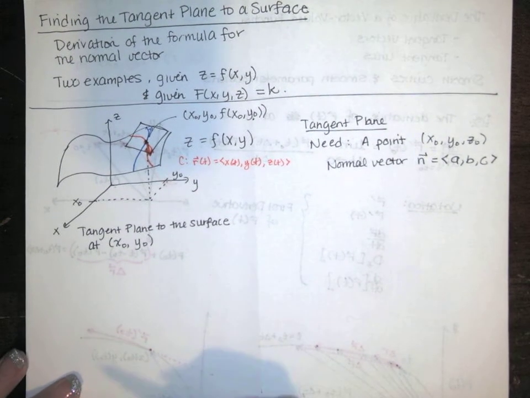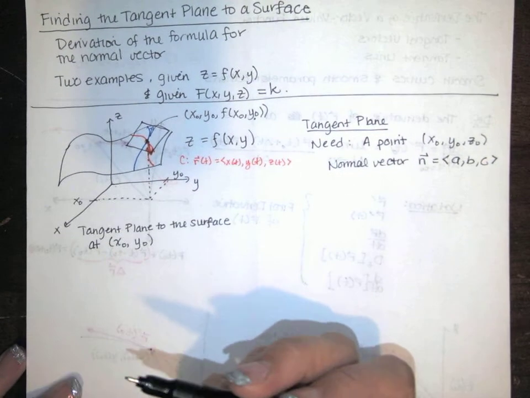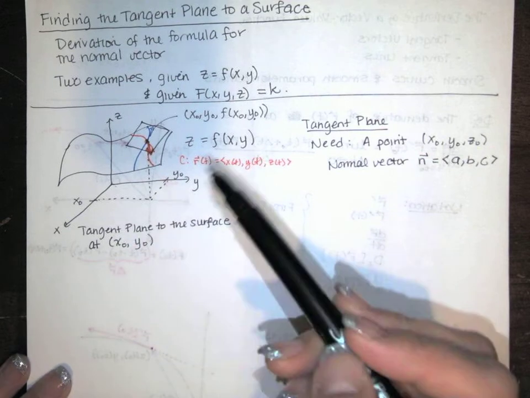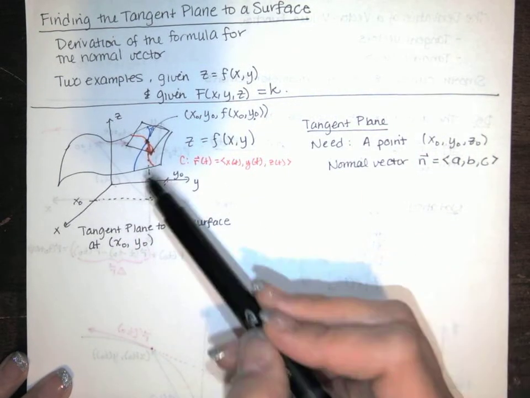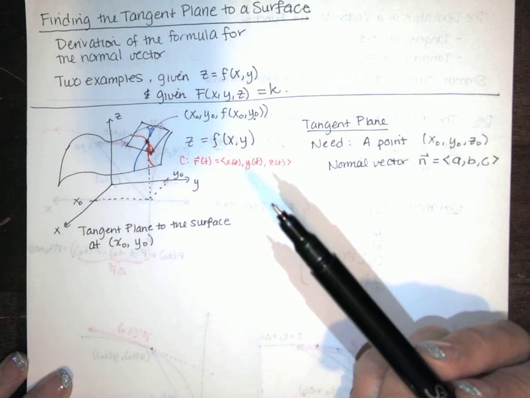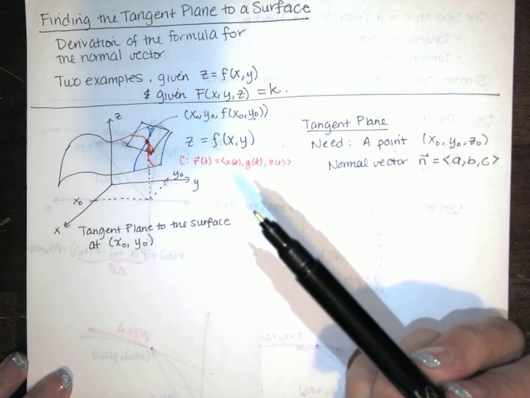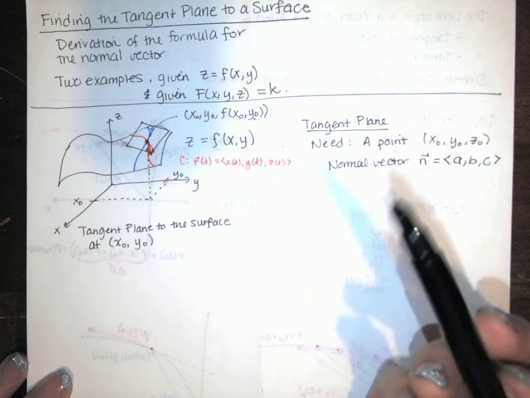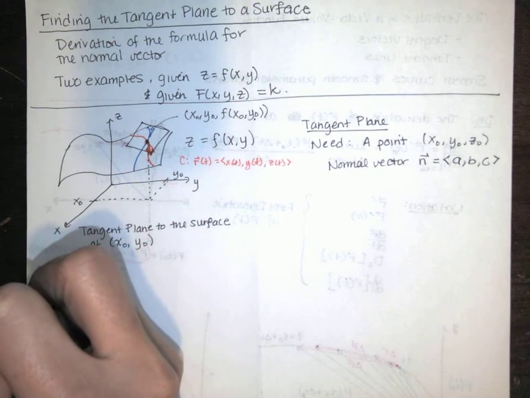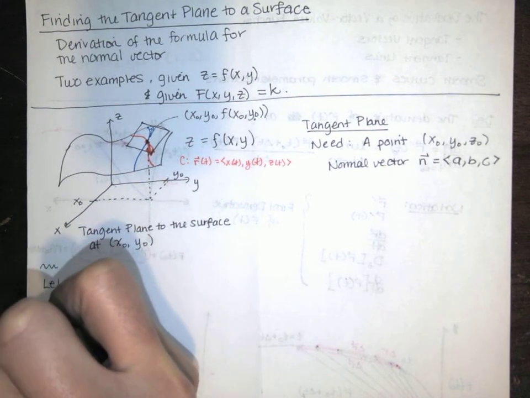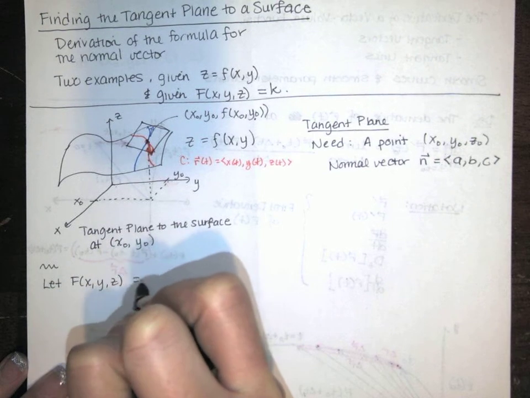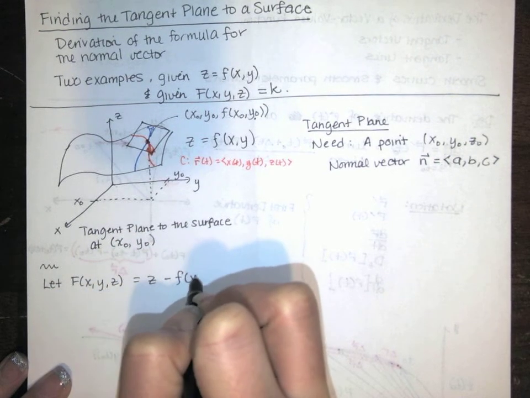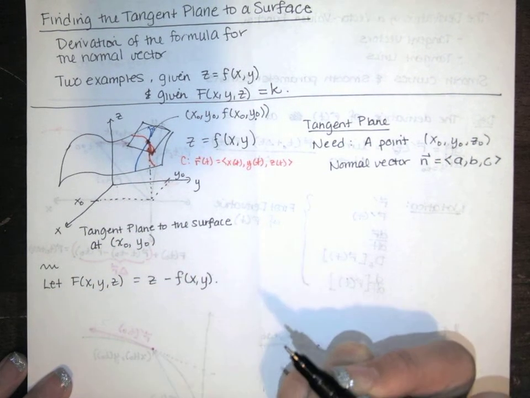Now, it's convenient to write the equation for the surface a little bit differently. We've been thinking of z as a function of two variables. We could also think of this surface in a different way. We could think of it as a level surface of some function of x, y, and z. So we're going to let capital F of x, y, z equal z minus little f of x, y.